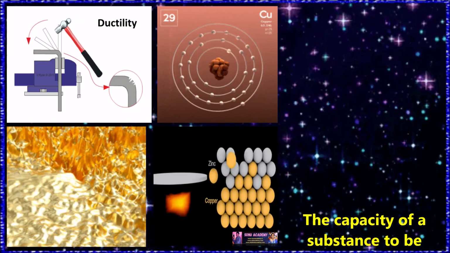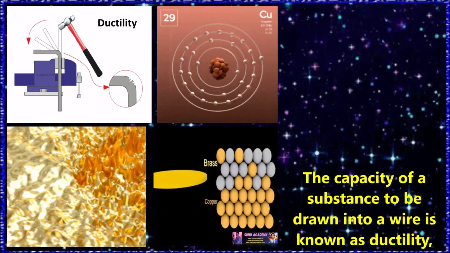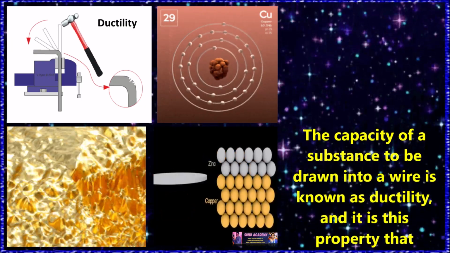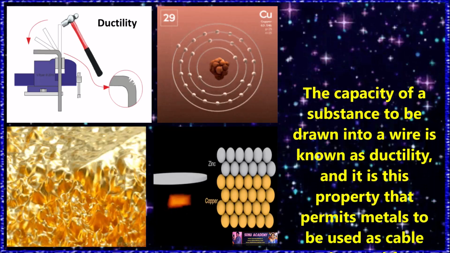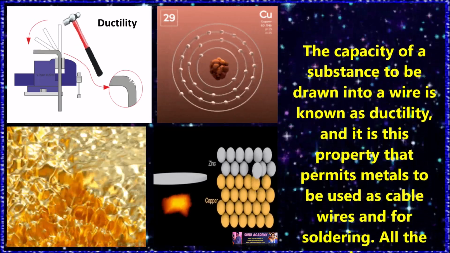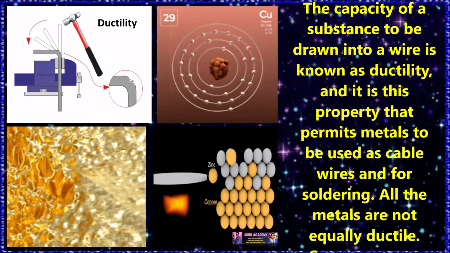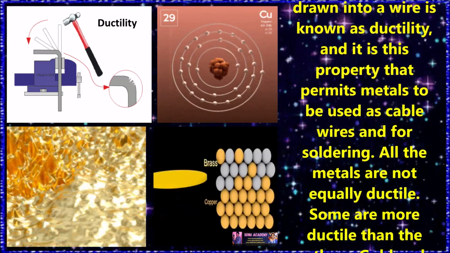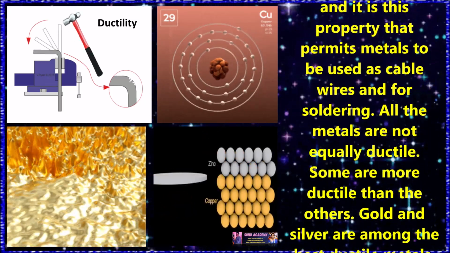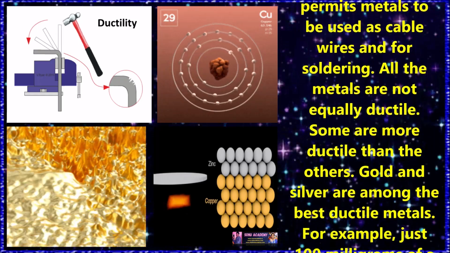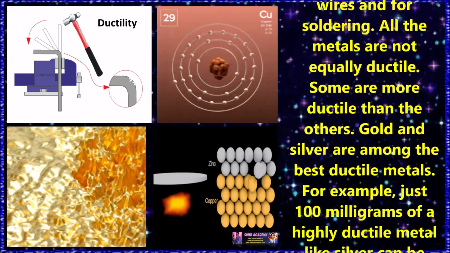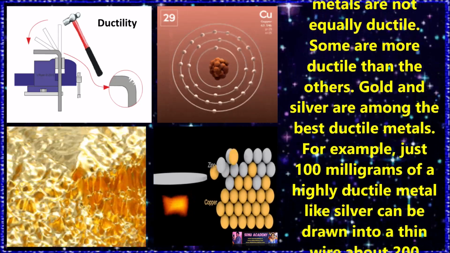Children, let us discuss the ductility of metals. The capacity of a substance to be drawn into a wire is known as ductility. This property permits metals to be used as cable wires and for soldering. All the metals are not equally ductile. Some are more ductile than others. Gold and silver are among the best ductile metals.